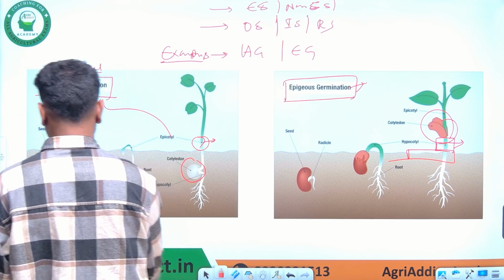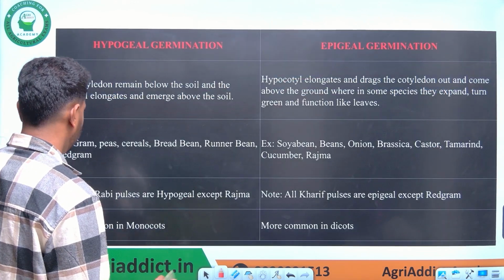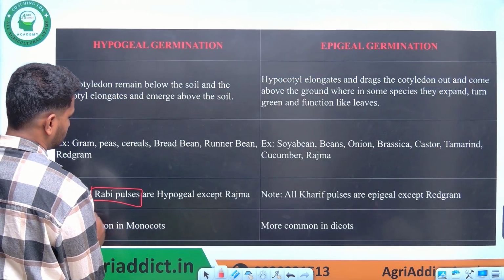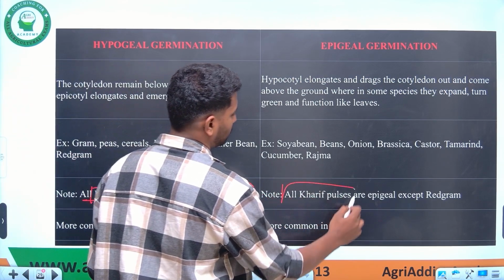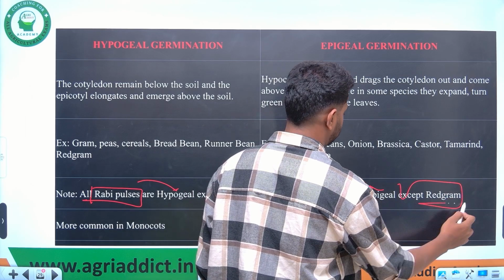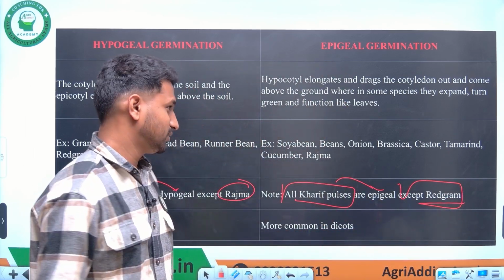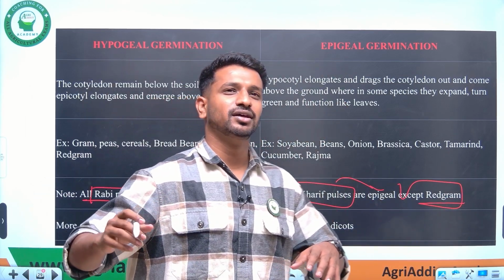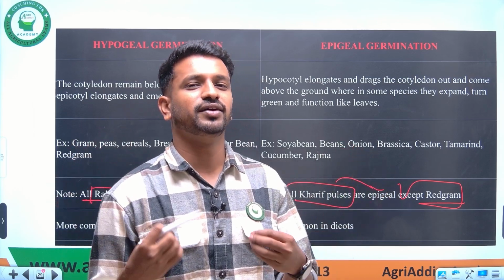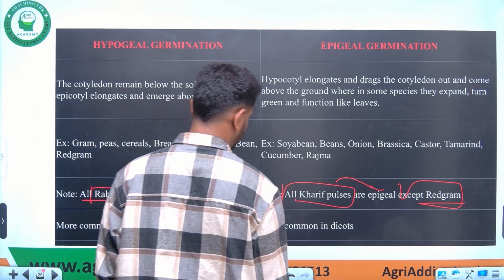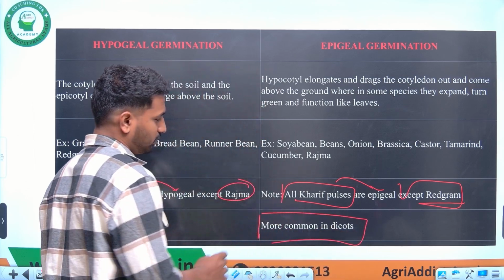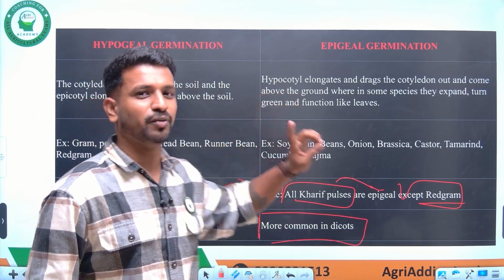And what is the shortcut for this? There are shortcuts for a few. For example, Rabi pulses are all hypogeal except Rajma, and all Kharif pulses are epigeal except red gram. Sometimes you'll get crops you have no idea about and have never heard of. If such questions are asked, remember the common trick that epigeal germination is mostly common in dicots.